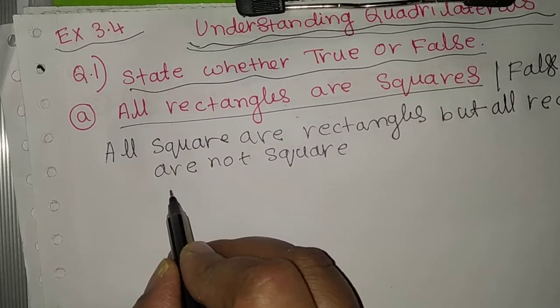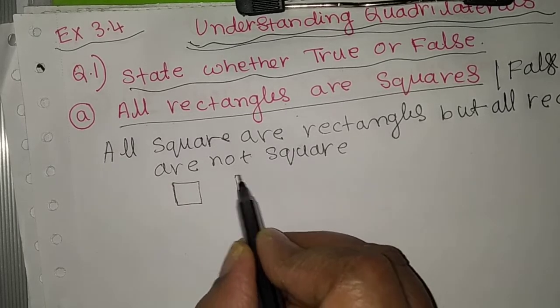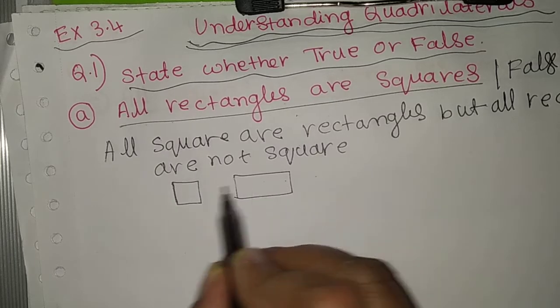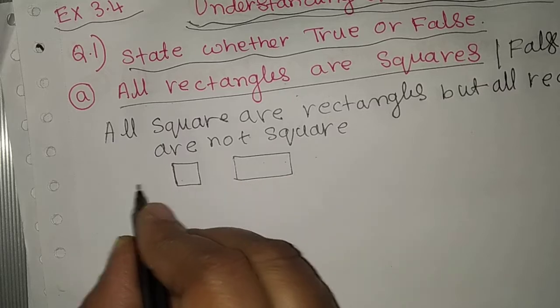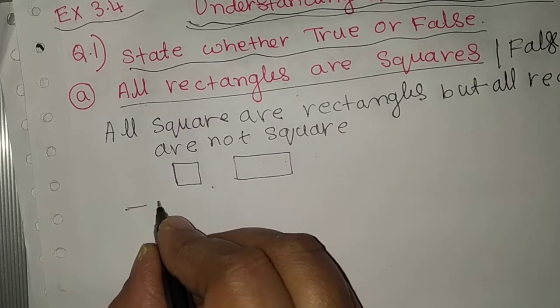See, this is a square and this is a rectangle. So all squares are rectangles, but these rectangles are not square. Few points I will just mention.